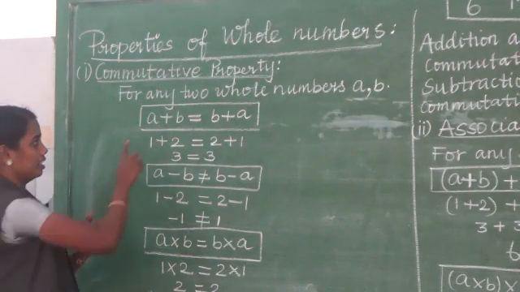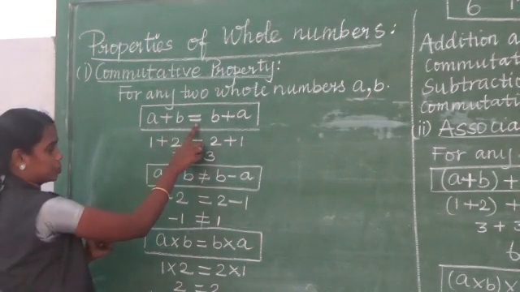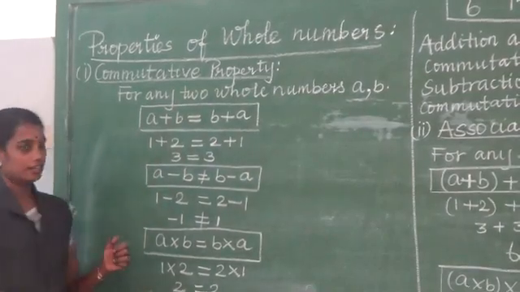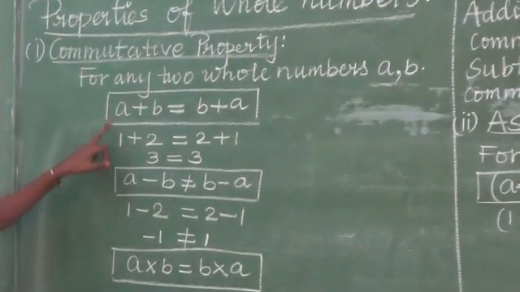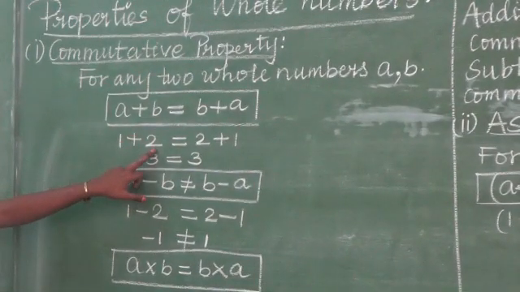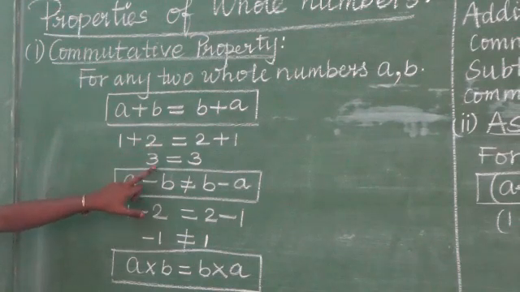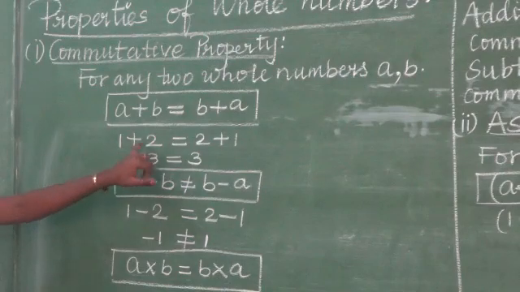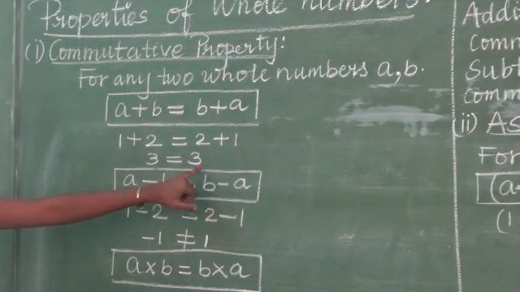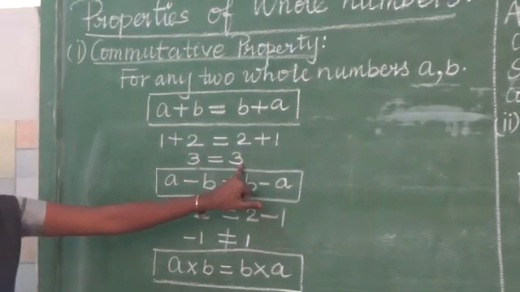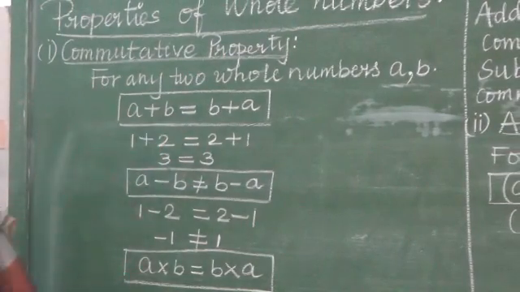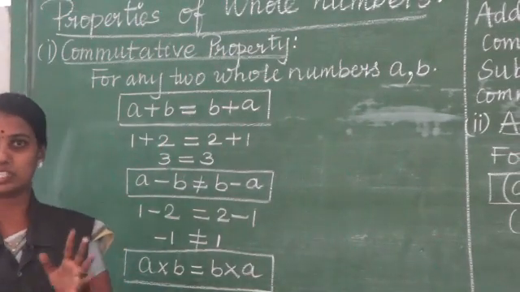For example, A plus B equals B plus A. Here I have taken A as 1, B as 2. 1 plus 2 is 3. If I change the order, 2 plus 1, I am getting the same answer.